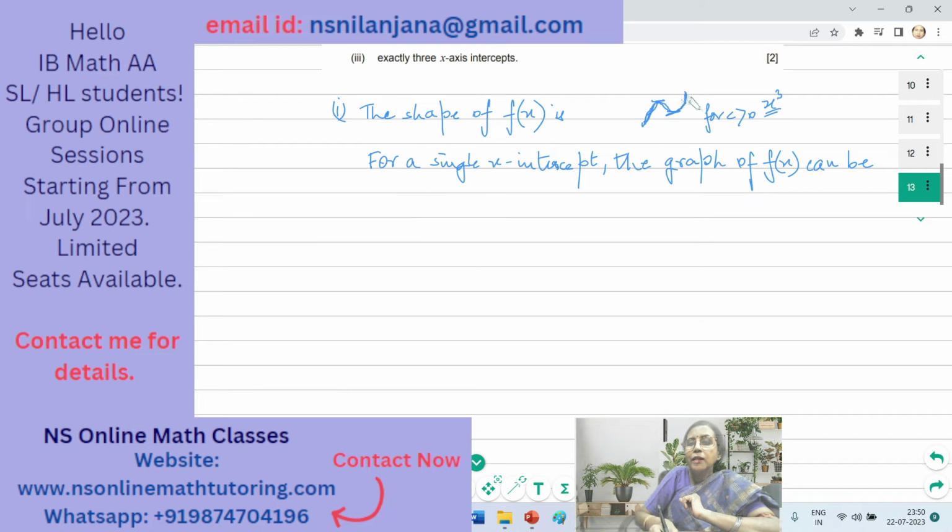For c less than 0 or for c equal to 0, even then the graph will be coming from the top right and moving to the bottom left. But you will not be having the maximum and the minimum point.